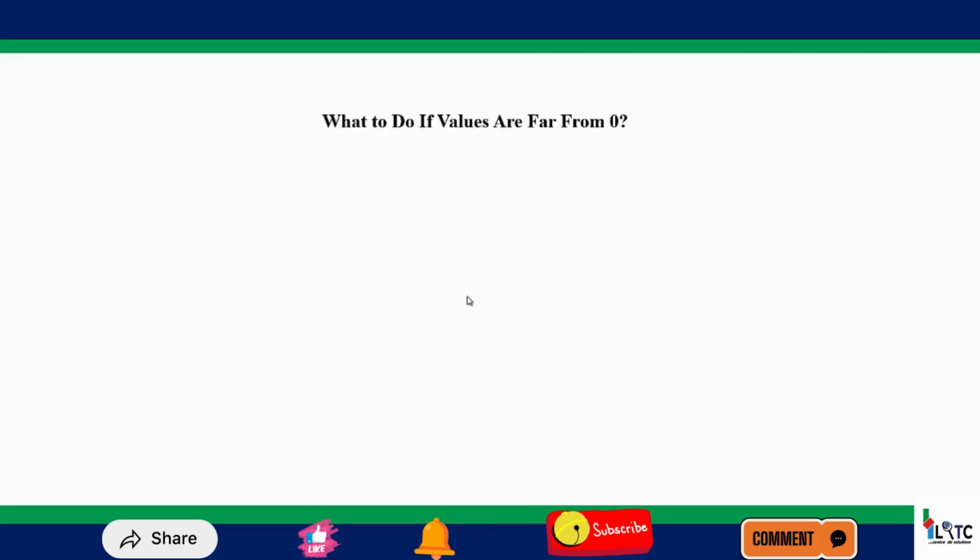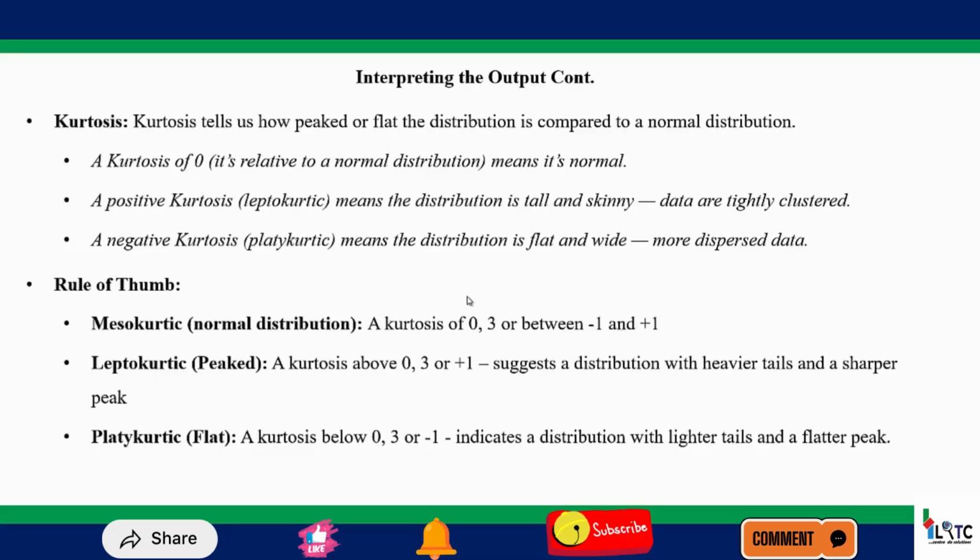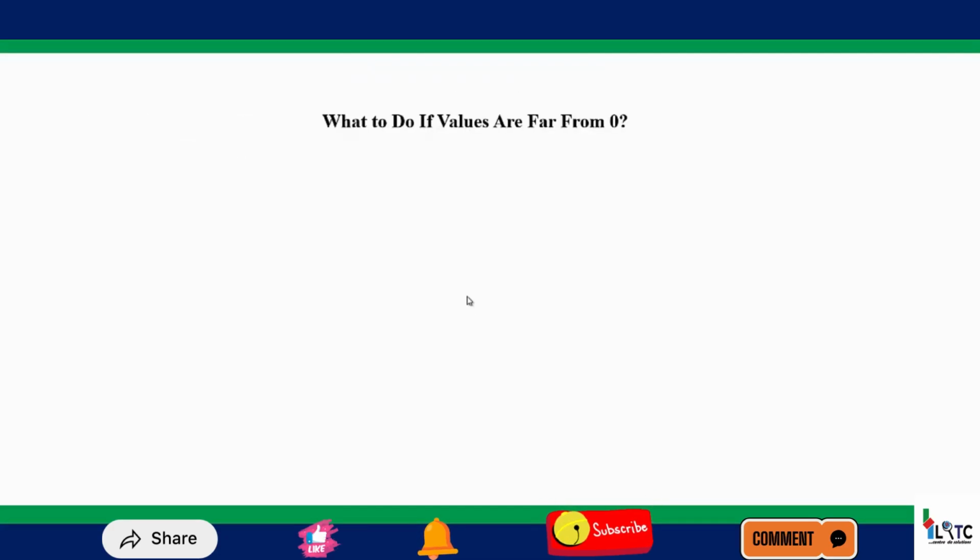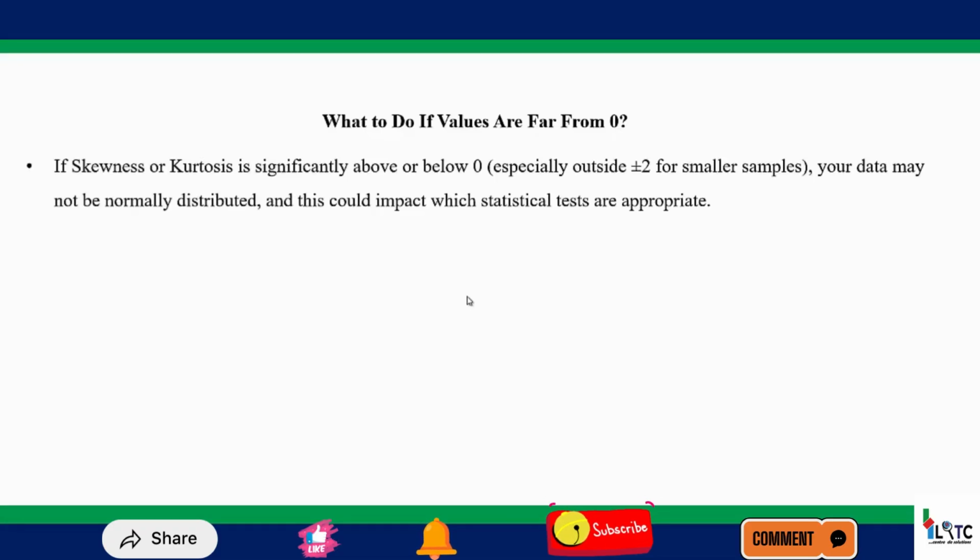Now, the question you may want to ask is, how can we address a situation whereby we have a platykurtic or leptokurtic distribution, or the data is not normally distributed? If skewness or kurtosis is significantly above or below 0, especially outside plus or minus 2 for smaller samples, your data may not be normally distributed, and this could have an effect on your statistical test.